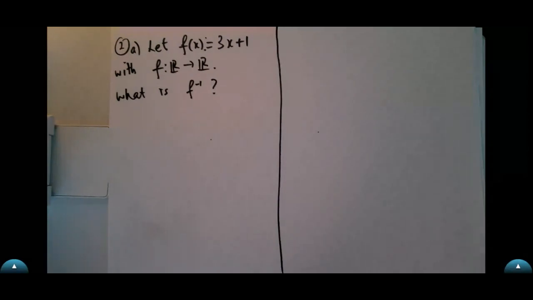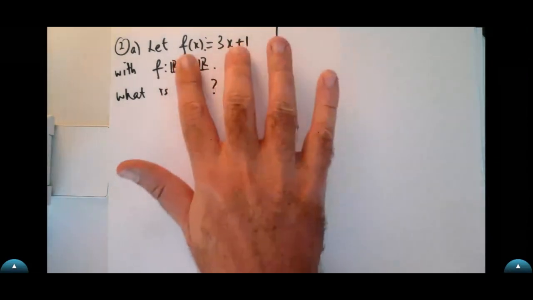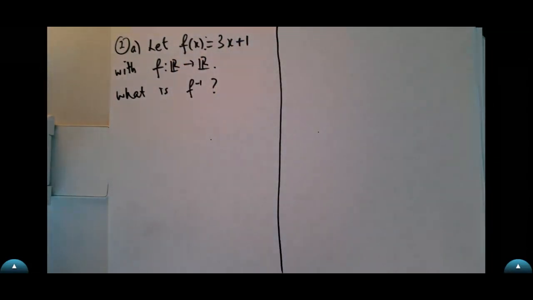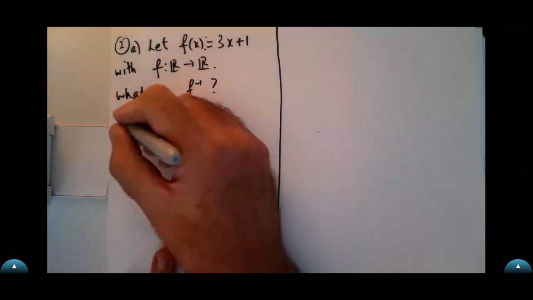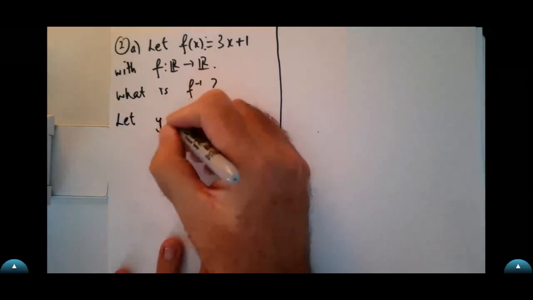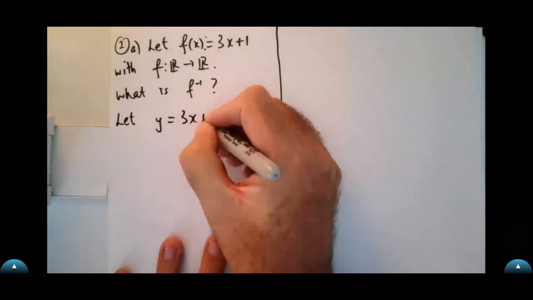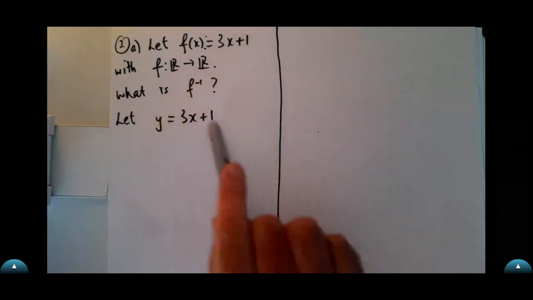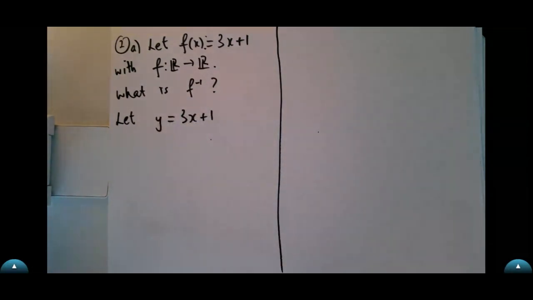We don't need to actually draw anything, but it's helpful to make drawings sometimes. So let's find the actual inverse function of this, and then we can draw a picture. I'm going to introduce some notation. The strategy is to make x the subject, so you rearrange this and make x a function of y.